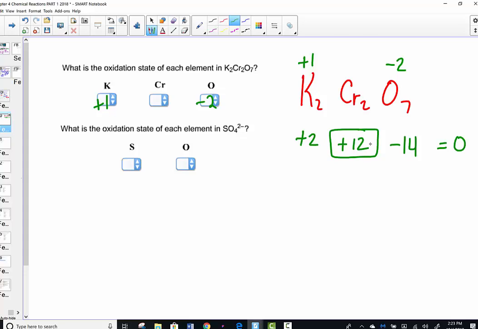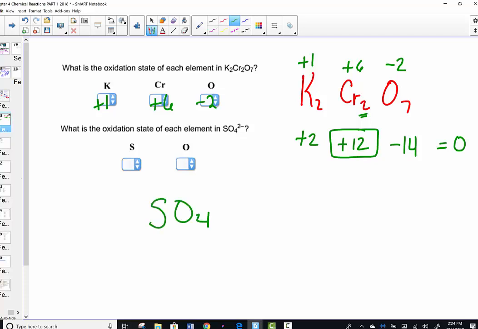It's a +12. There's 2 of them there, however, so to balance the charge, both chromiums had to give me 12 altogether, so each one is contributing a +6. We've just assigned the oxidation numbers of each element in potassium dichromate.